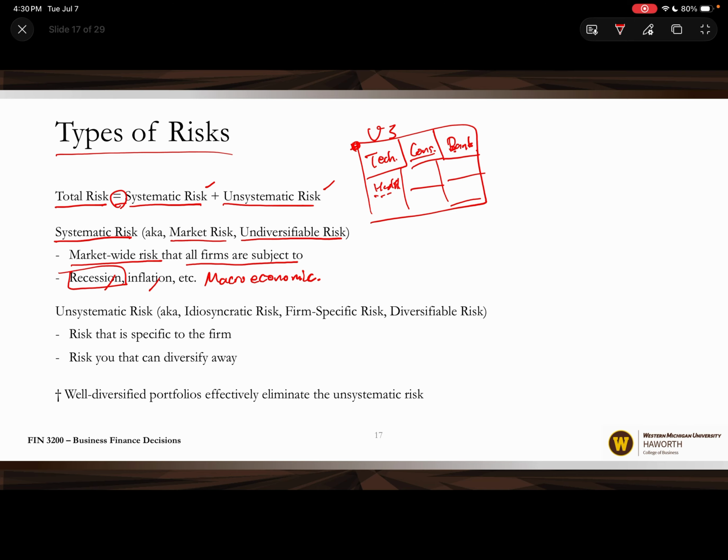When things are bad and the US is doing very poorly, all these companies that operate within the US will not do well. It doesn't have much to do with the individual firms, but it's just a macroeconomic factor that affects all the firms in the U.S.